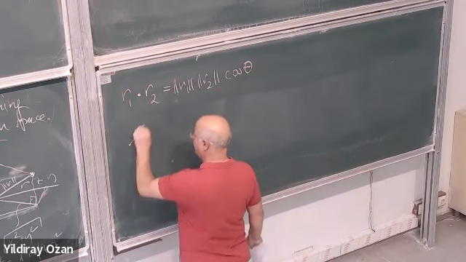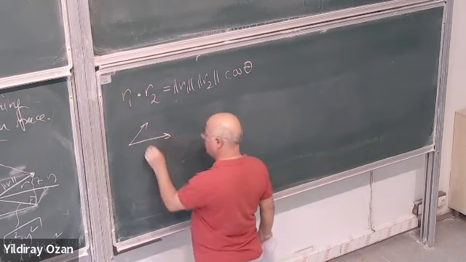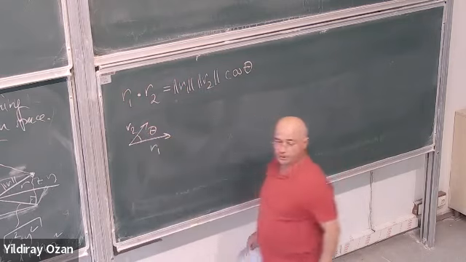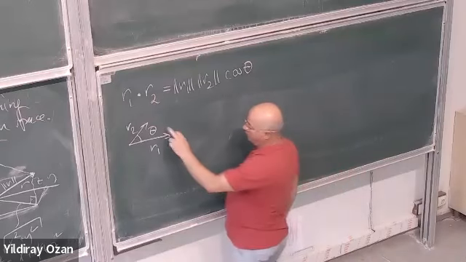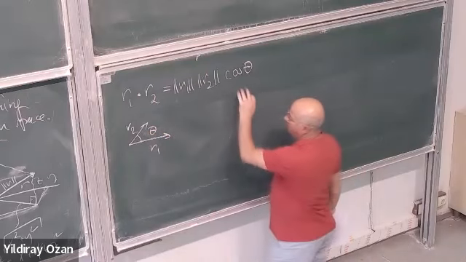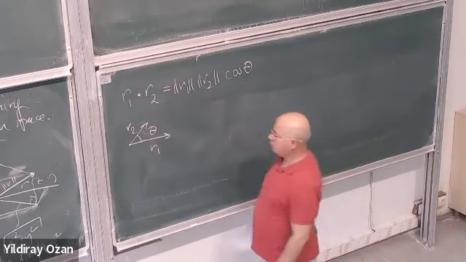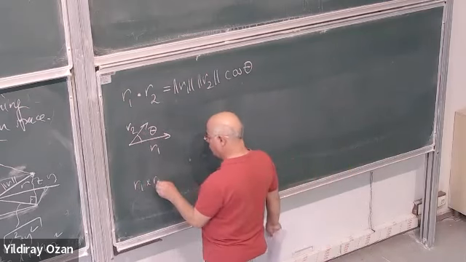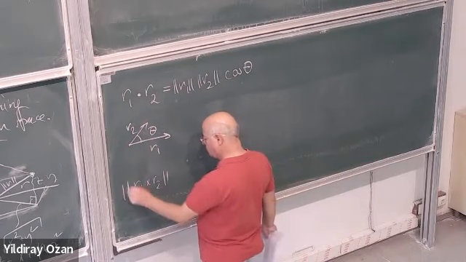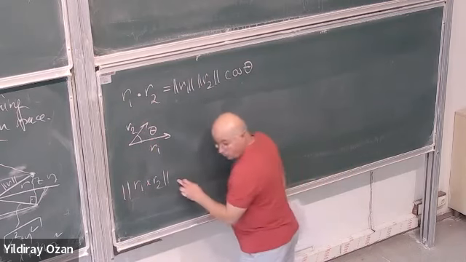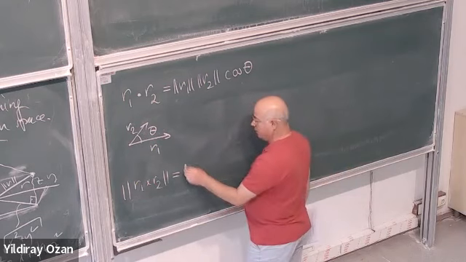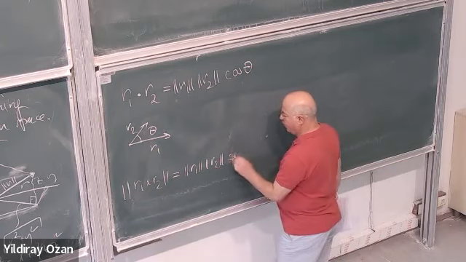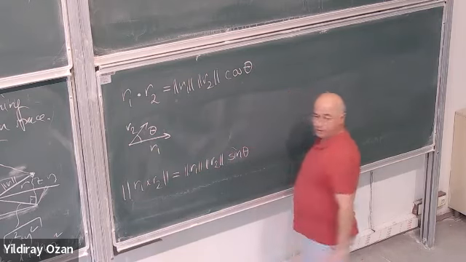So if you have these two vectors here, R1 and R2, and the angle between them is theta, then R1 dot product R2 is this. And we have something similar for cross product. The length of this vector is the length of R1 times the length of R2, but this time we have sine theta.